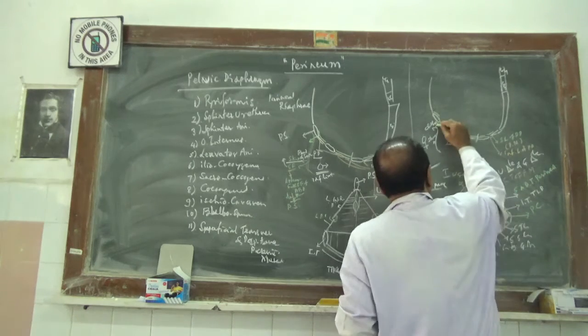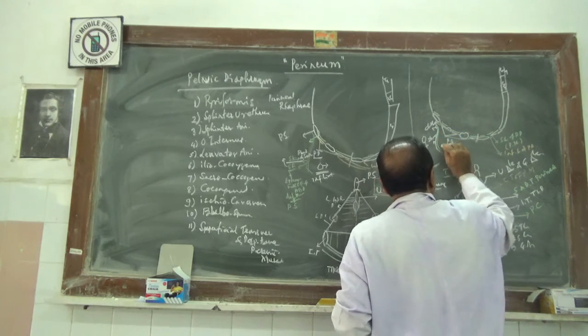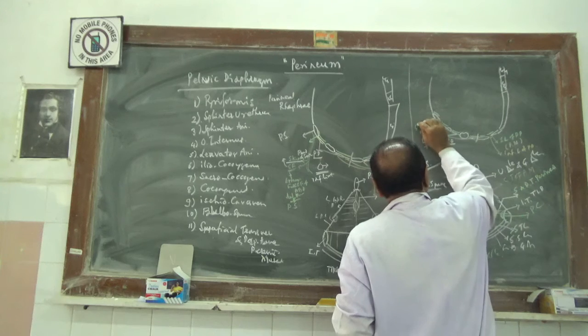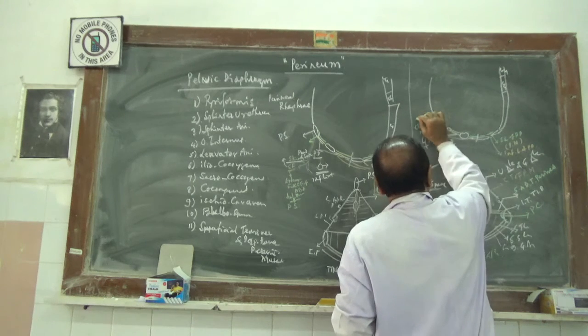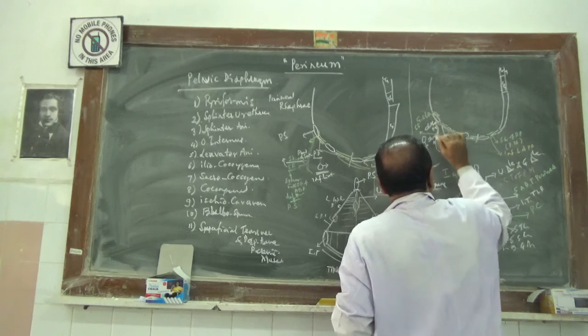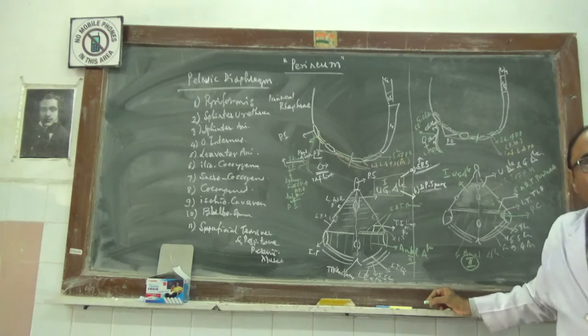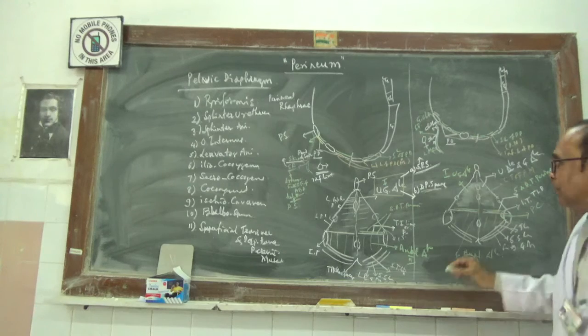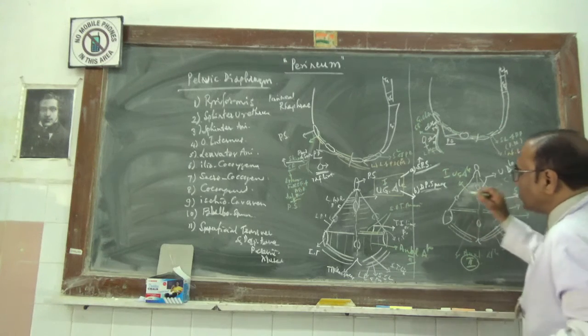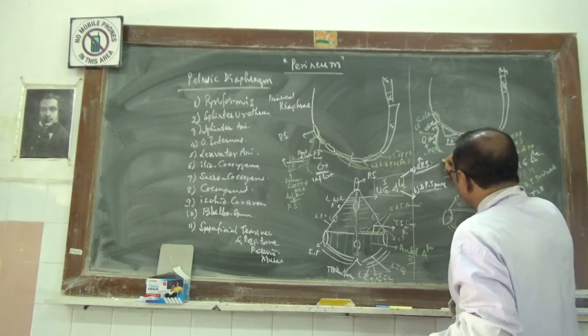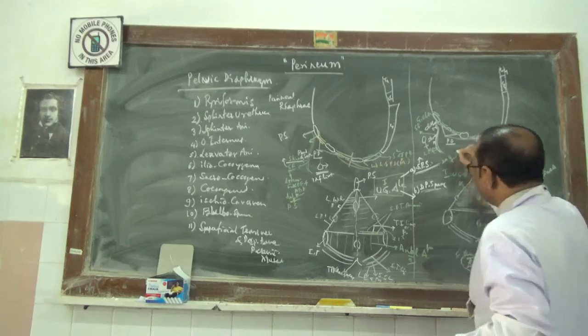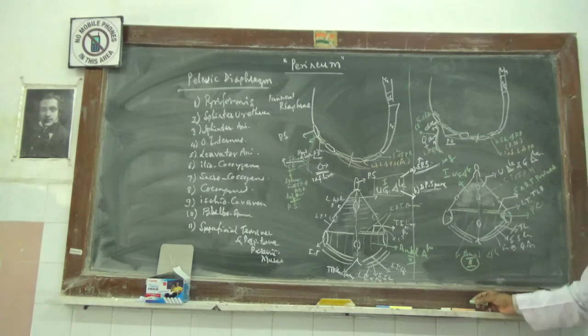Apart from that, inferiorly it is limited by the superficial fascia of the glans clitoridis and the superficial fascia of the labia majora. This is the inferior limit of the superficial perineal space in female.